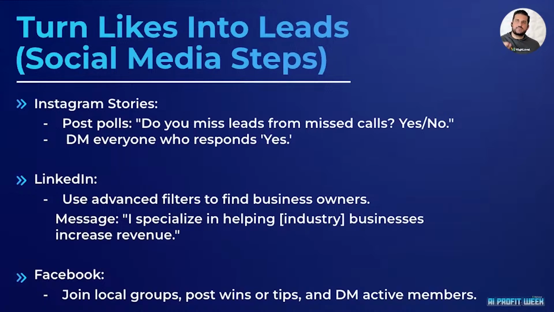Think about this: you have 1,000 people that follow you, maybe with the algorithm 150 people look at your story, and 3, 4, 10 people engage with your poll, and then 2 people send you a message from your poll.